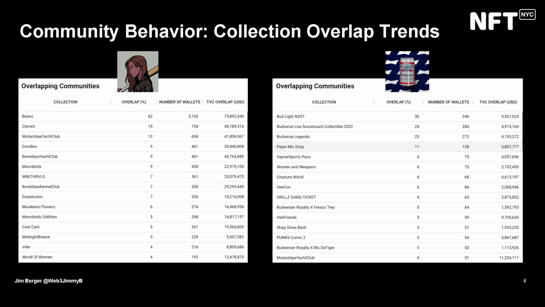And then we can look at the TVC overlap. That's where you're looking at the total wealth. Let's say somebody holds an Azuki and holds a Clone X, you can see there is a significant amount of wealth among those wallets that hold at least one of each. So that's interesting. Think about it as more and more brands activate or do NFT drops, more sports teams, more POAPs out there in the community.